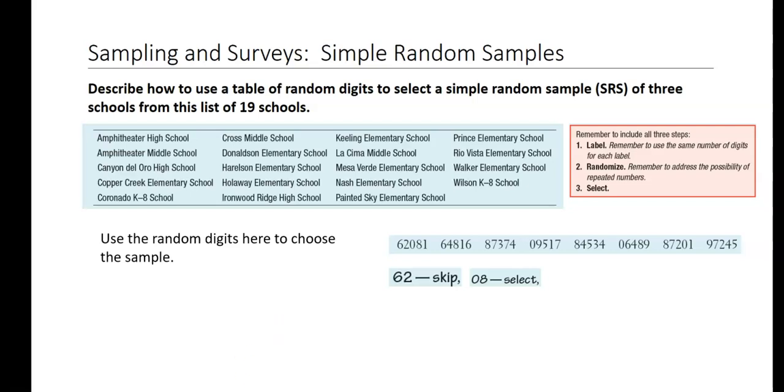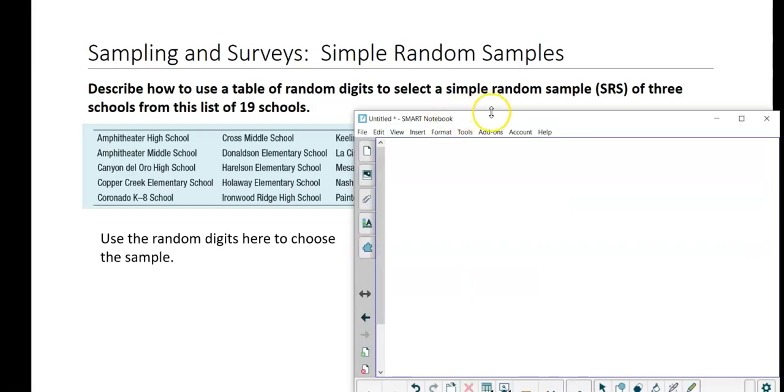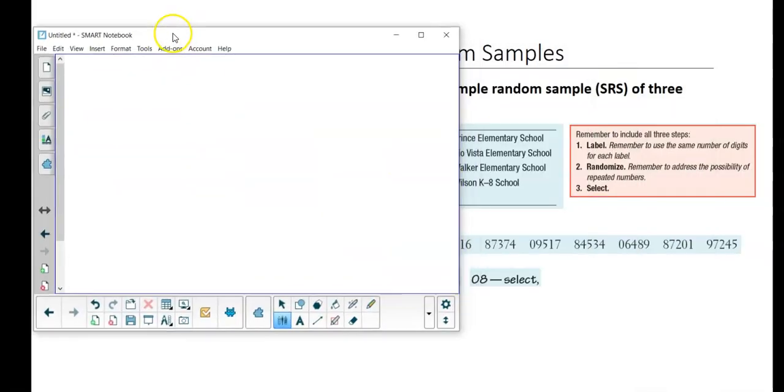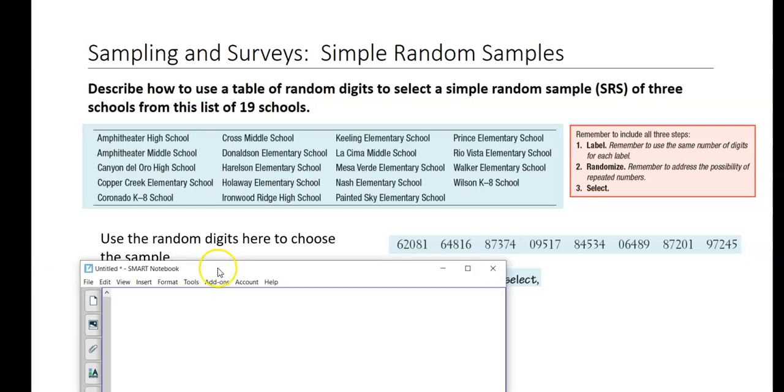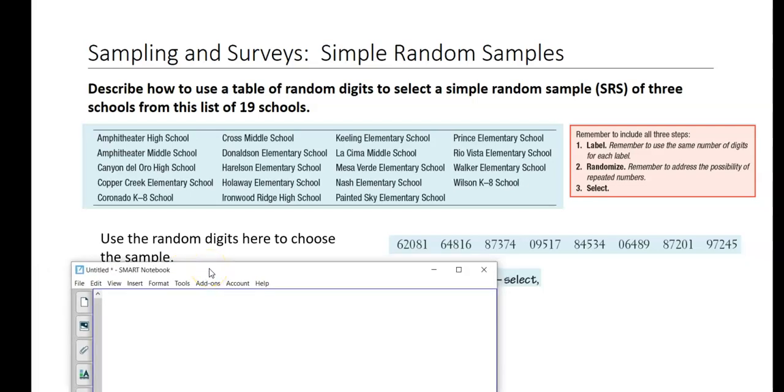So what I mean by that is just to make sure you're getting this. If the numbers are 62081, 64816, you want to notate, and this is what I do. So 62 is the number 62, 08 is the number 8.